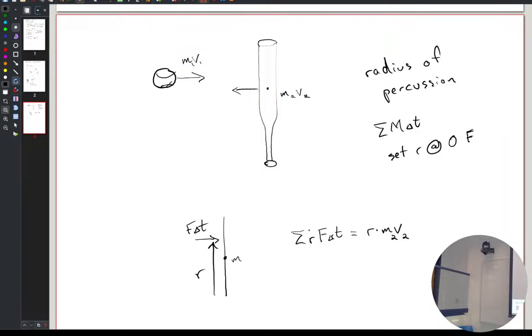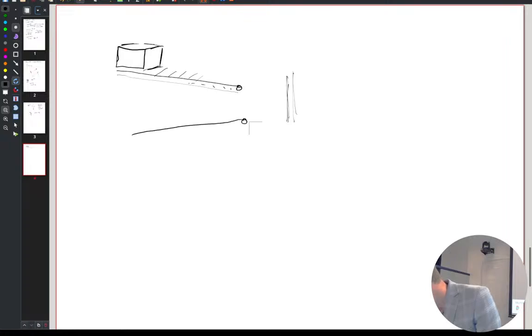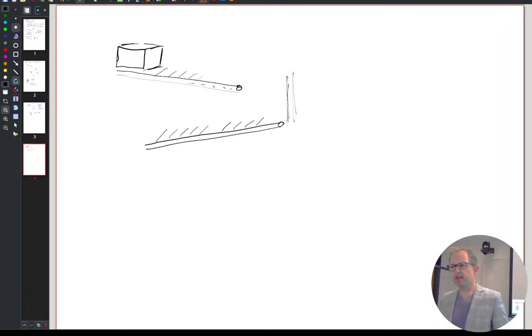Conveyor belt kind of thing. So we could think about, we were talking about conveyor belts and kind of shipping facilities.